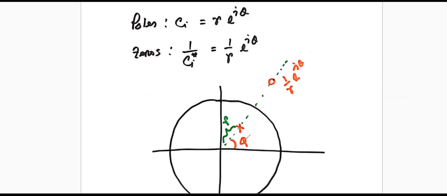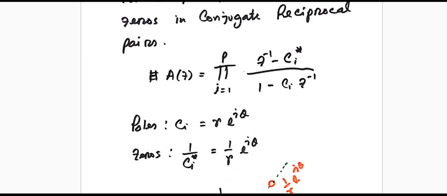So in the Cartesian plane, this is the magnitude r, and that should be shifted by theta degrees, and that is exactly the point for r e to the power j theta. This is the pole location.